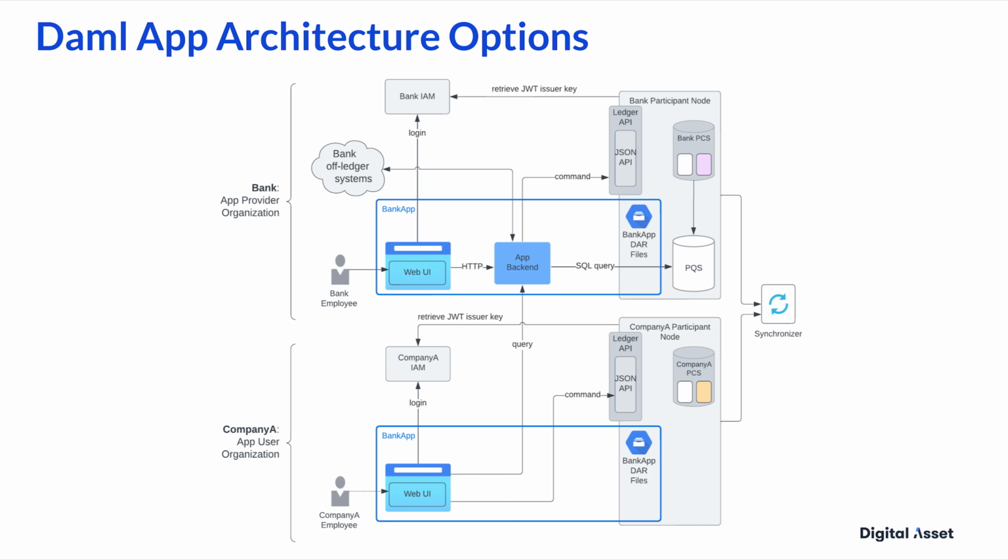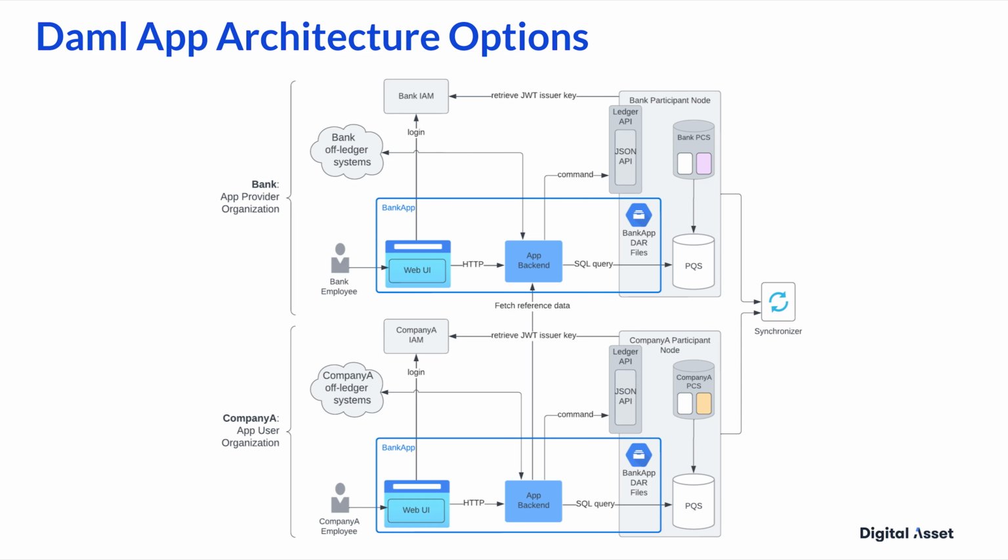However, it doesn't allow integration with app users' off-Ledger systems, and it limits the possibilities for automating on-Ledger workflows. In this architecture, the backend can only submit commands to the Ledger on behalf of app provider's Daml parties. App users' Daml parties can only send commands to the Ledger through the front end.